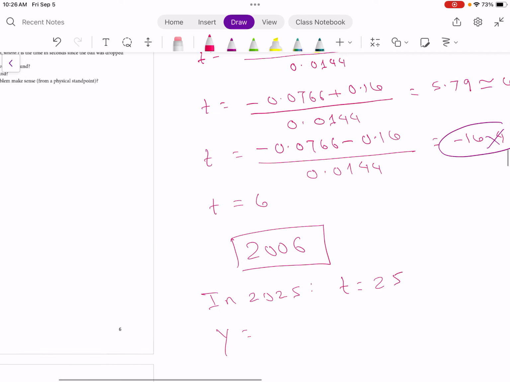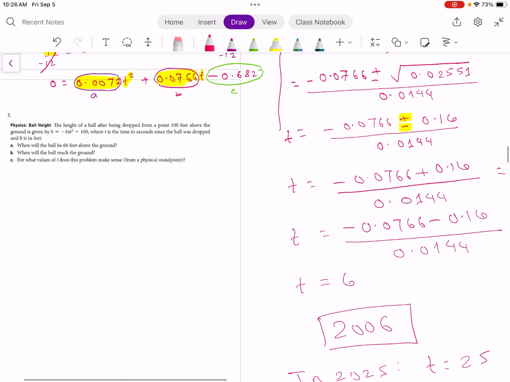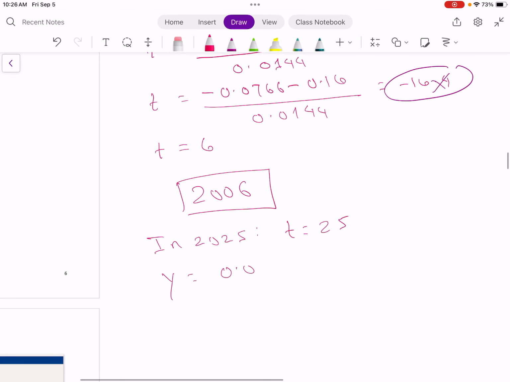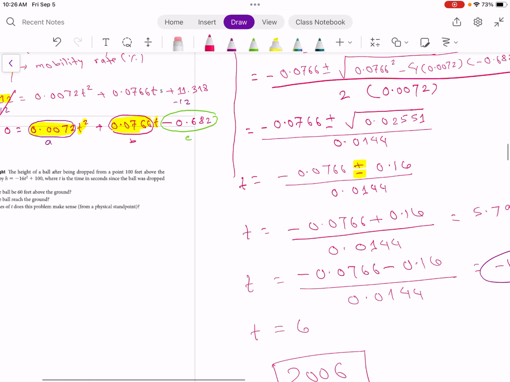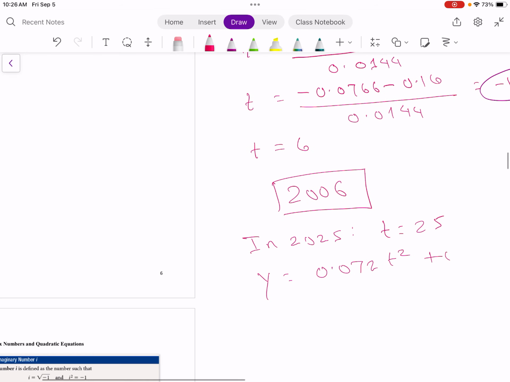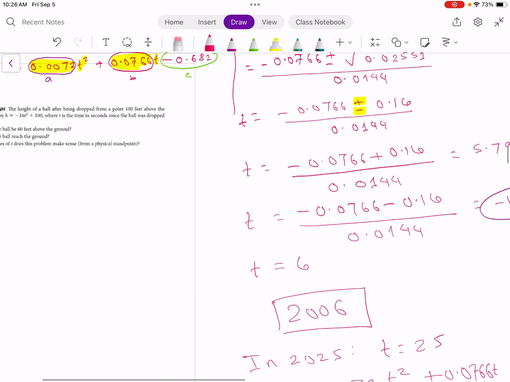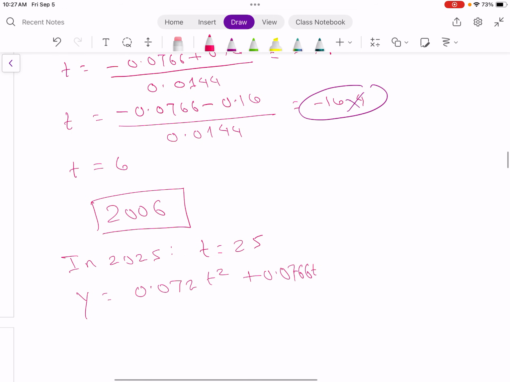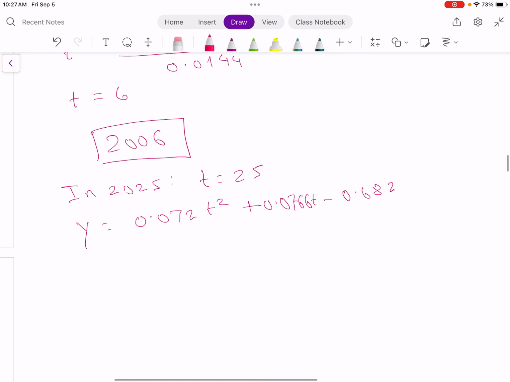Now we take that equation: 0.072 t squared, negative, so that's positive 0.0766 t minus 0.682.